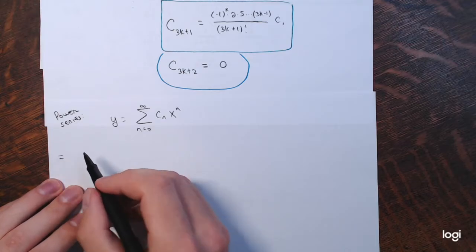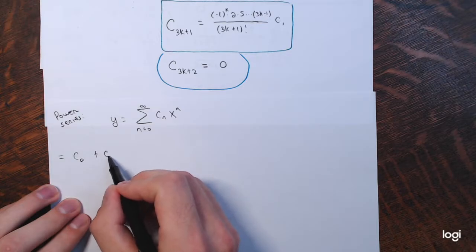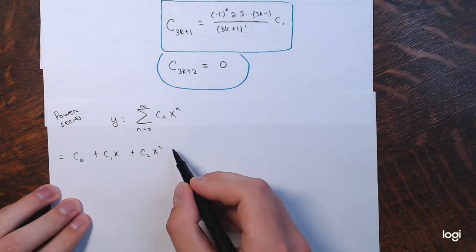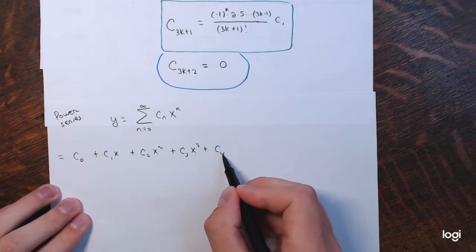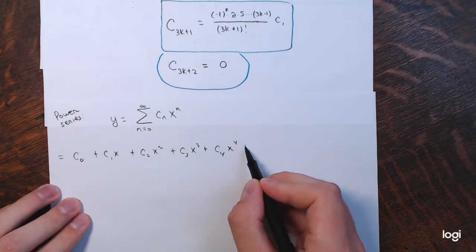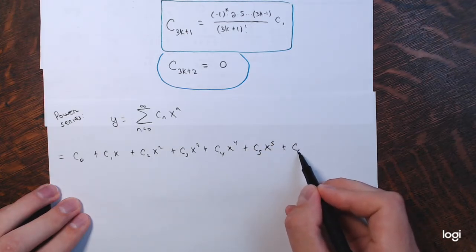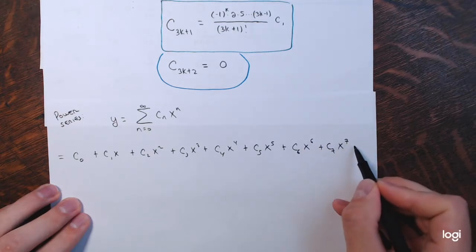And again, I'll write out a bunch of these. We have c0 plus c1x plus c2x squared plus c3 x cubed plus c4 x to the fourth plus c5 x to the fifth plus c6 x to the sixth plus c7 x to the seventh, dot dot dot.